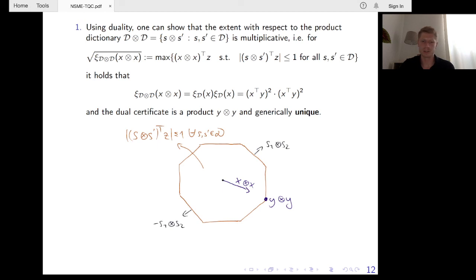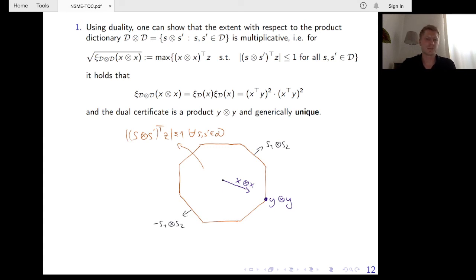So once again, you have your polyhedron here. The facets are now given by tensor products of words of your actual dictionary, and if you maximize in the direction of x tensor x, you will end up in some vertex y tensor y. So maybe one thing is a little bit misleading here. The extent with respect to this thing is not completely multiplicative.